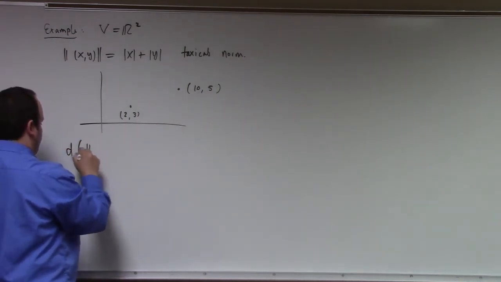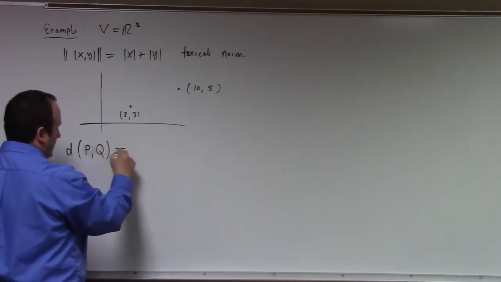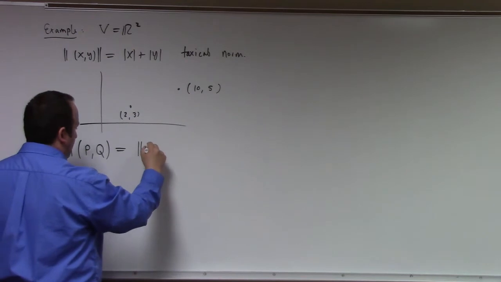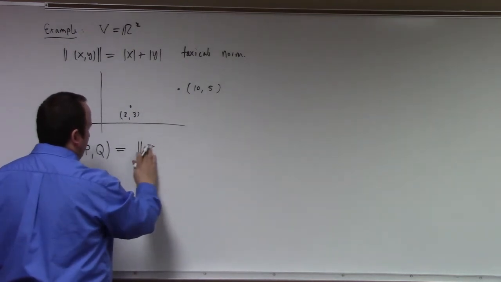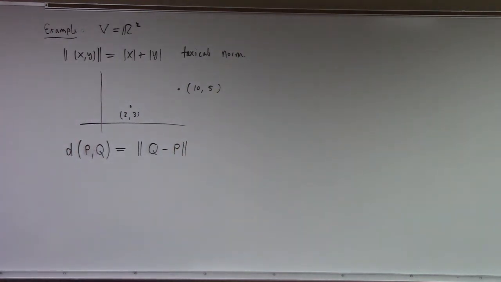Distance would be the norm. So the distance from P to Q, now I'm getting ahead of my story, would be the norm of P minus Q, or Q minus P, whatever you want. So once we're given a norm, then we can define distance between points by taking the norm of the displacement vector between the points.